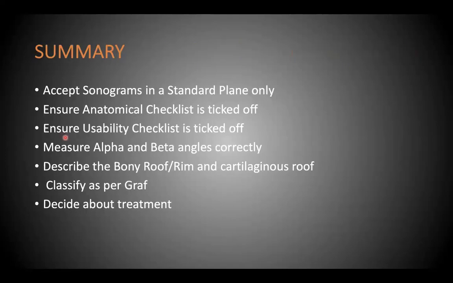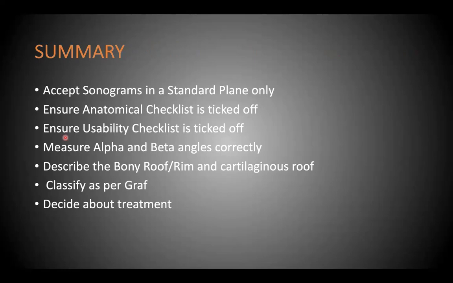So just to summarize, we have to go through the anatomical checklist first, then the usability checklist second, and ensure that your sonograms are in the standard plane before we make a diagnosis. We have to measure alpha and beta angles correctly. We have to describe the bony roof, bony rim, and cartilaginous roof.